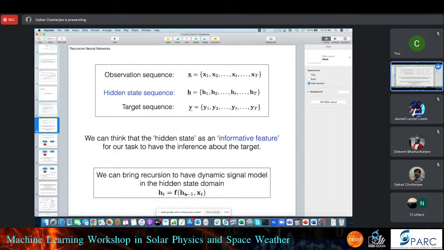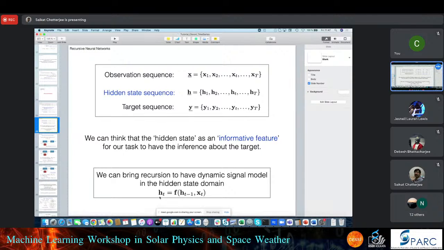But the previous state depends upon xt minus 1, according to this equation. That means the current hidden state also depends upon xt minus 1 and the current xt, and then ht minus 1 is also connected with ht minus 2 and xt minus 2, and ht minus 2 is connected with xt minus 3. Got it? So in this way ht brings information from xt, xt minus 1, xt minus 2, and so on.